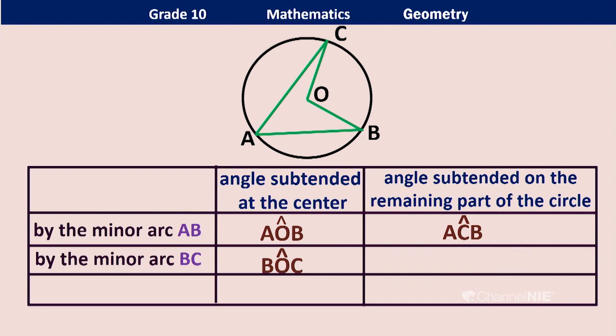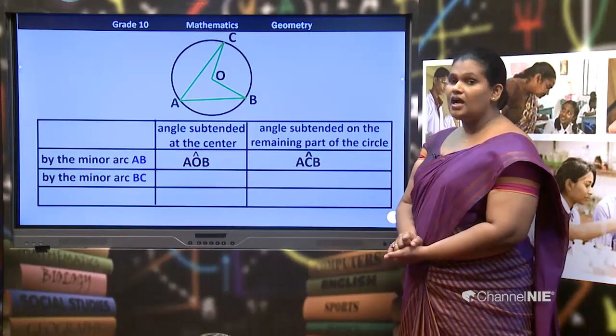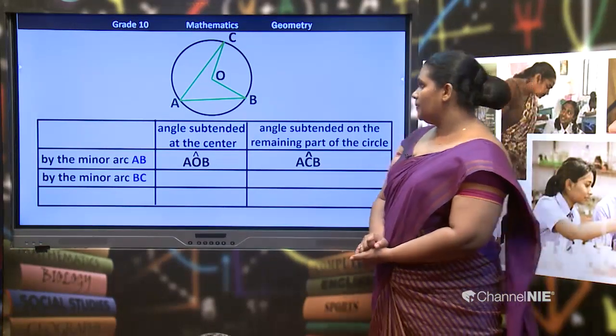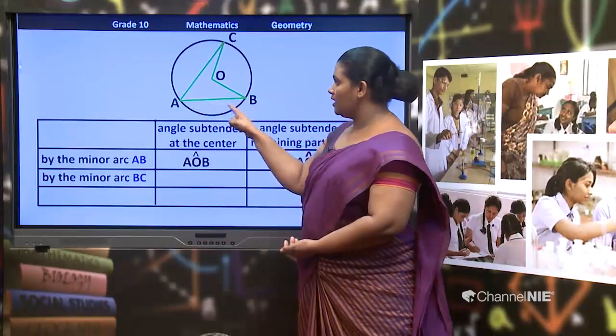Then we have to think about the angle subtended on the remaining part of the circle by the minor arc BC. Once again, this is minor arc BC. Therefore, the remaining part of the circle can be considered as BAC. Right. Now, what is the angle subtended on the remaining part of the circle by the minor arc BC? Here, this is the remaining part.